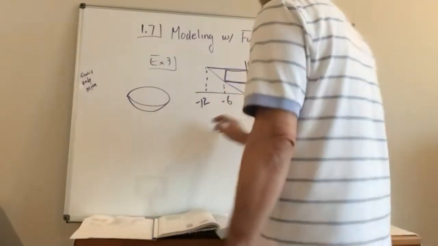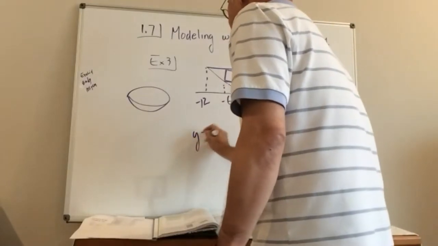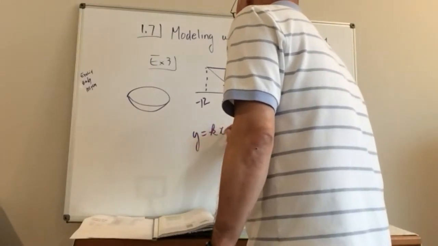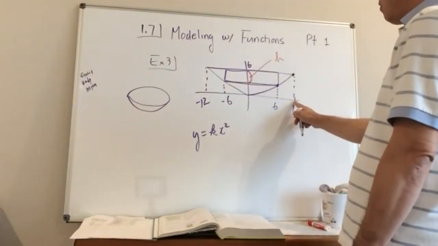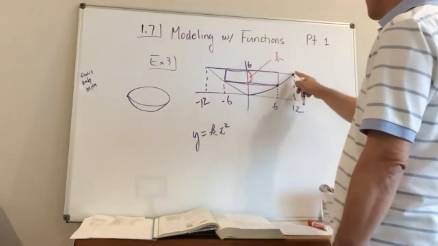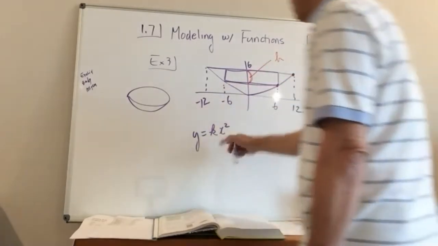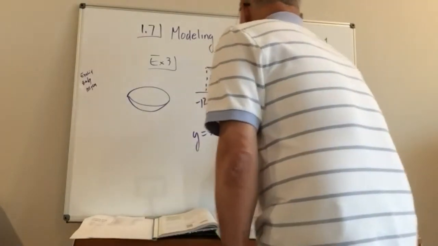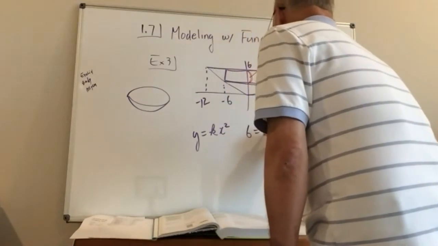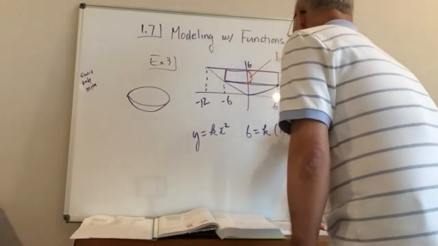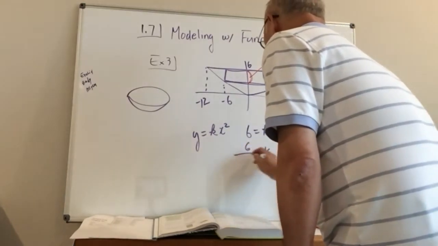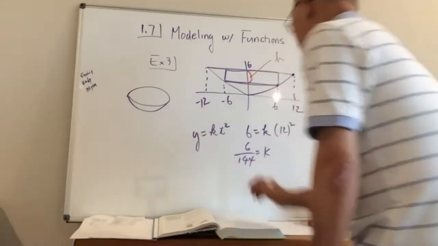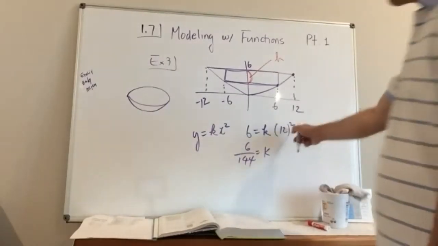So it's a parabola, so y is equal to kx squared. But I know when x is equal to 12, y is equal to 6, right? 12 and 6, right? So let's go ahead and put that in. So I have 6 is equal to k times 12 squared, which means that k is equal to 6 divided by 144, because 12 squared is 144.